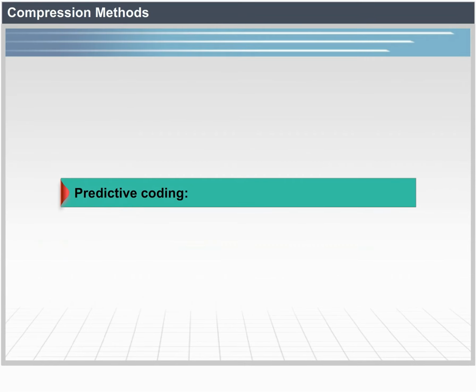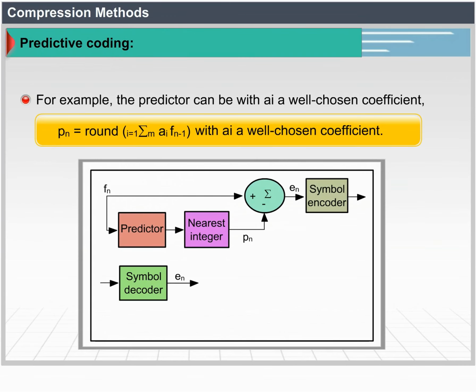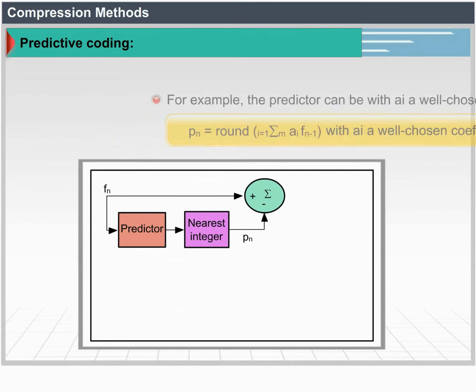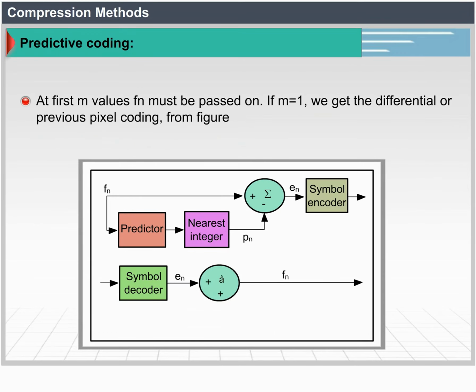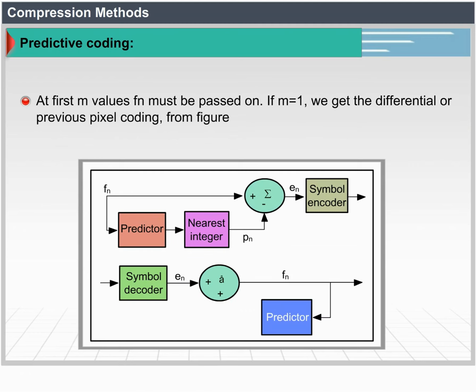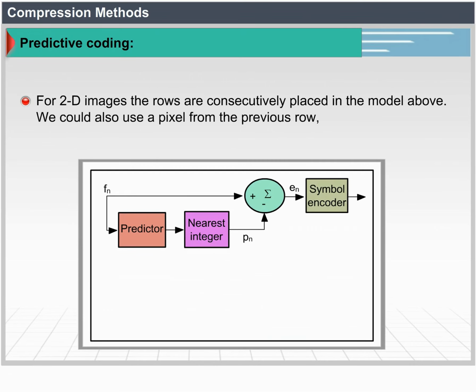Predictive coding. For example, the predictor can be defined as shown, and the related block diagram is also seen. For the first m values, f(n) must be passed on. If m equals 1, we get differential or previous pixel coding from the figure. For 2D images, the rows are consecutively placed in the model above.